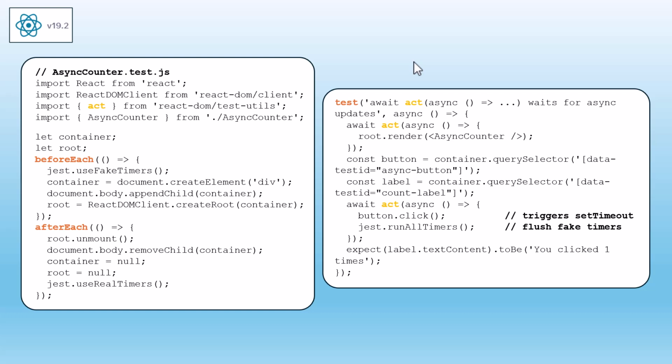Note: although using Act directly may feel verbose, many testing libraries offer utilities that already wrap their helpers with Act, making the experience smoother. Still, understanding Act is important because it reveals how React manages updates internally.